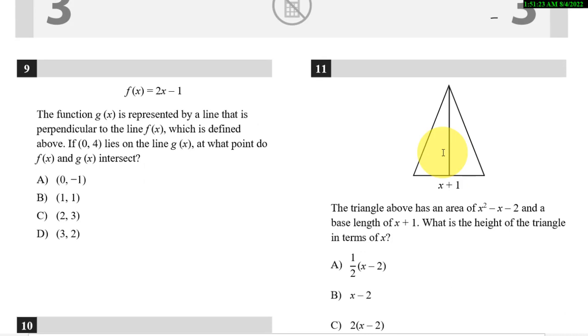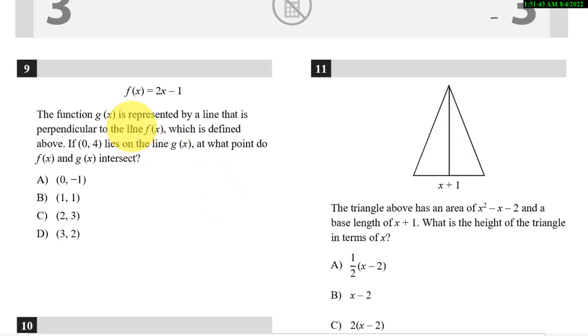we have been given a function. They say the function g of x is represented by a line that is perpendicular to the line f of x, which is defined above. If (0, 4) lies on the line g of x, at what point do f of x and g of x intersect?